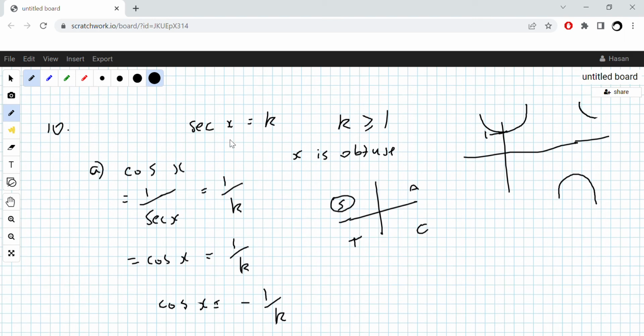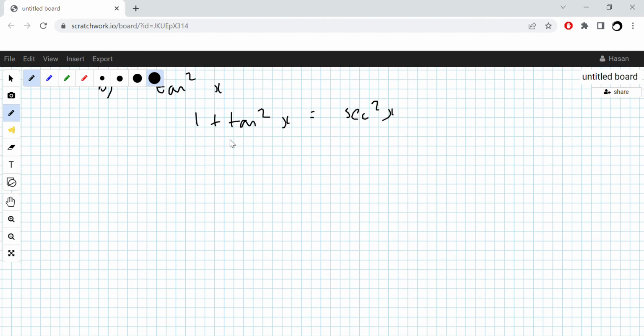Sec x is k, so we're going to write sec x equals k. So sec squared x equals k squared. So now we're going to have tan squared x equals k squared minus 1. We're bringing this 1 over here. And that would be our answer for this question.